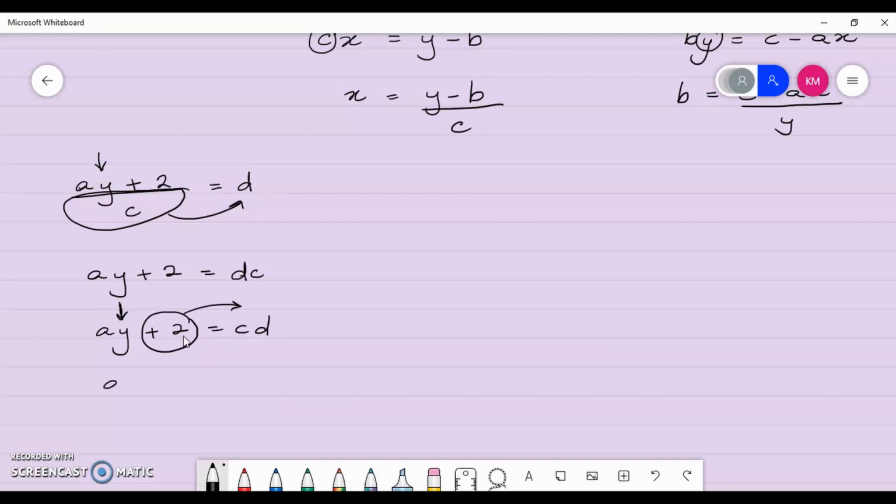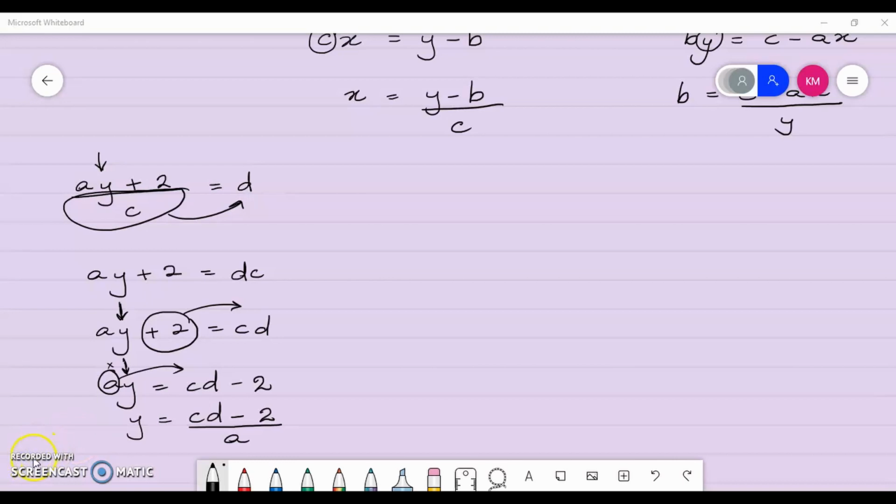Plus 2 is going to go across to be subtract 2. And remember, it's y I want, so I'm going to carry that a now across. a is being multiplied on this side, so across on the other side, it's going to be divide. So it's cd take away 2 divided by a. And now we have y being the subject.